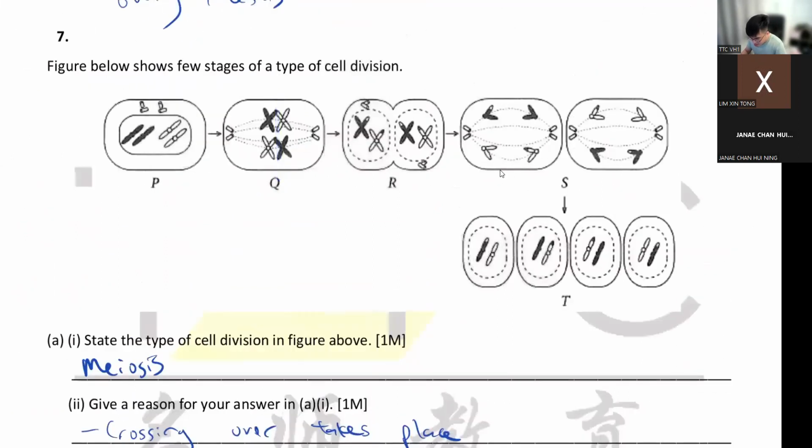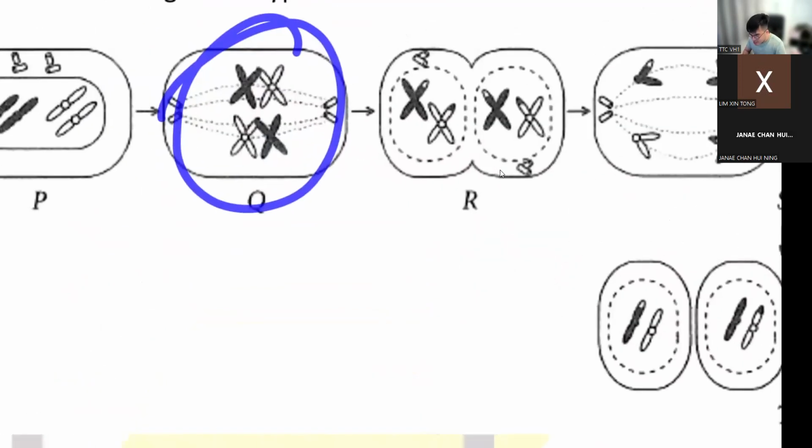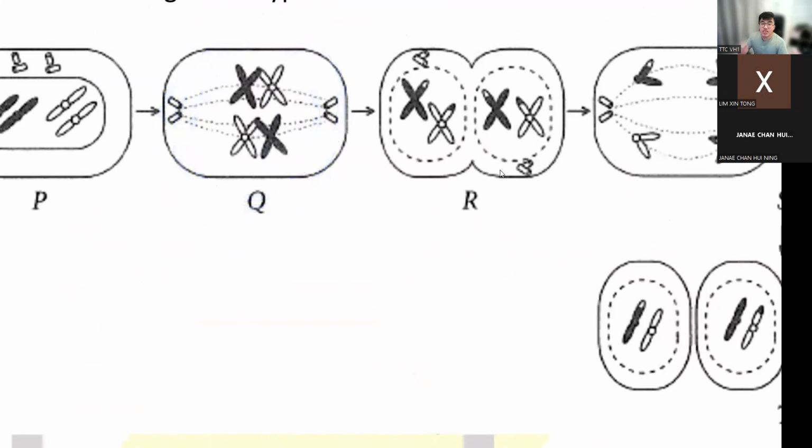This question, I think that's a little bit wrong. Because if you ask me, sir, is this pro or meta? I will tell you, okay guys, if this is meiosis, meiosis has 1 and 2, right? If you just say the phase without mentioning the 1 and 2, your answer is wrong. You must write the 1 or 2.